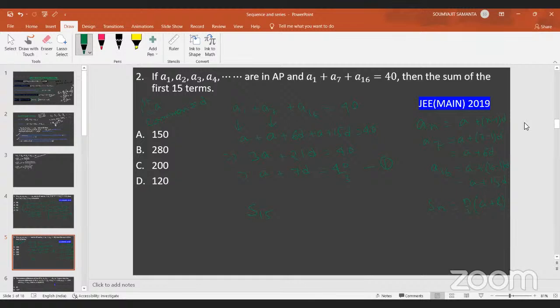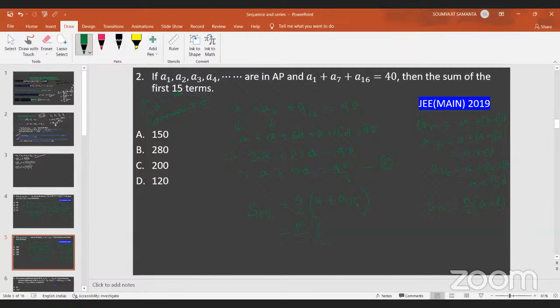So S15 will become n by 2 into A plus L. L is nothing but A15, because they have asked you to find terms till A15. So this will become n by 2 into A plus A15. Yes or no? Yes, sir. So what is n? n is here nothing but 15.